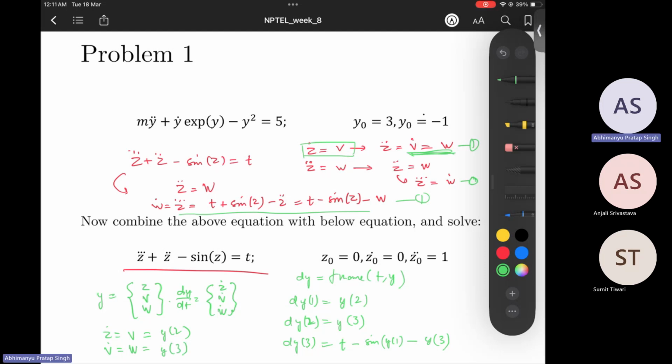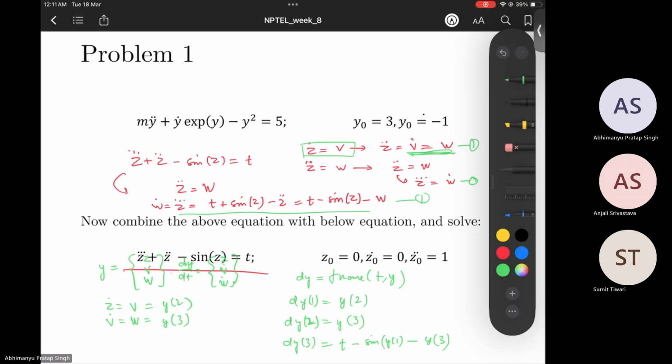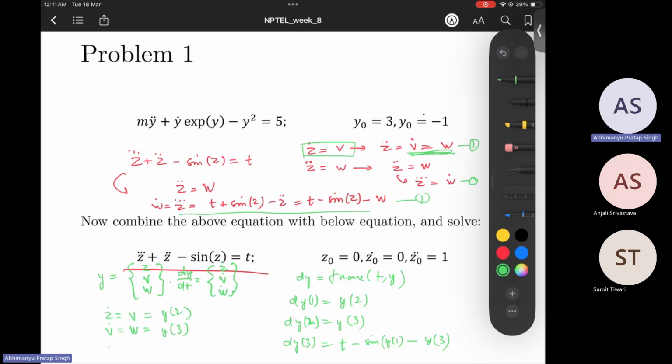And now the last equation is w dot, right? So this is my w dot, and that is t plus sine of y1, since z is y1, minus z double dot.